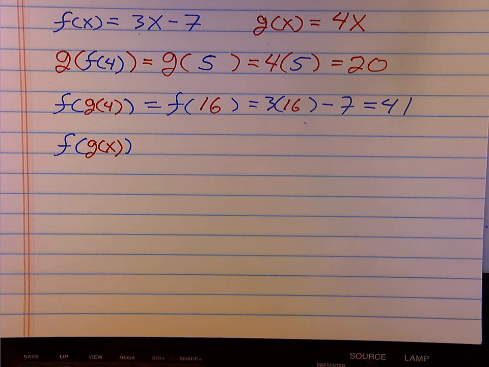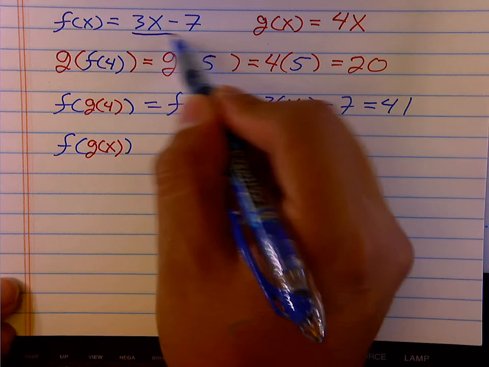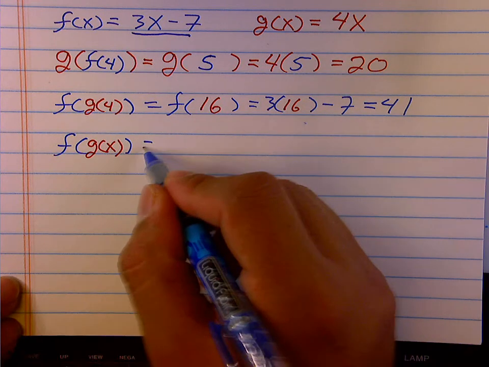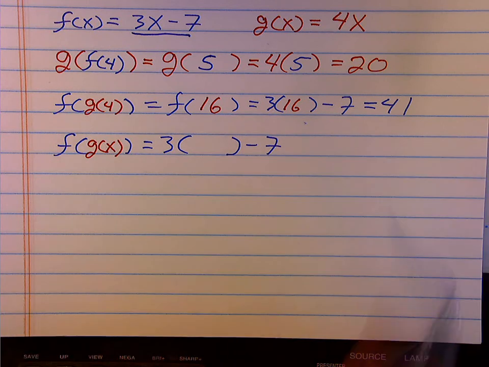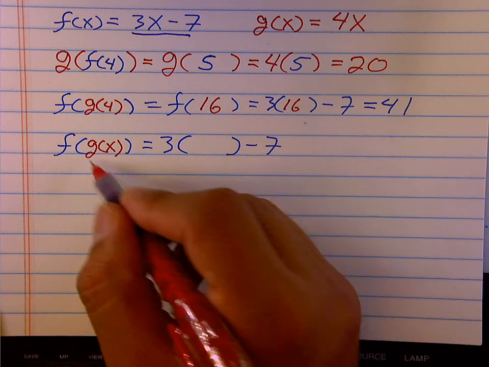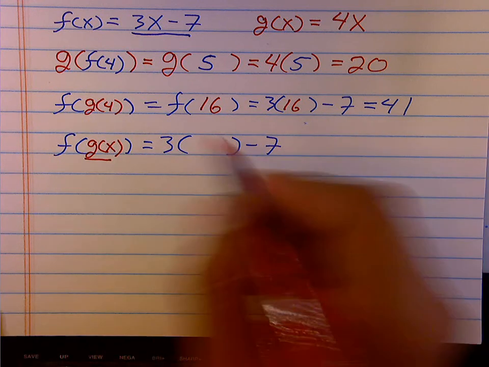I'm going to take the formula f, and in my input location, this is where I plug numbers in, where x is, I'd like to plug in the g of x value. But what is g of x?